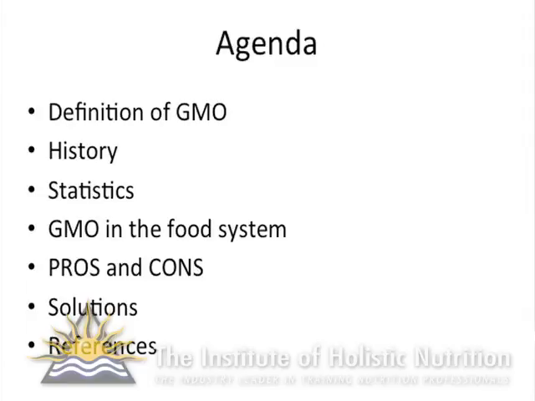We'll talk a little bit about the history, some statistics about genetically modified organisms in the food system, some pros and cons, or supposed, I like to call them supposed pros and cons of this science in our food system, some solutions, and I'll give you some references if you want to go do further research or get more information after the presentation.